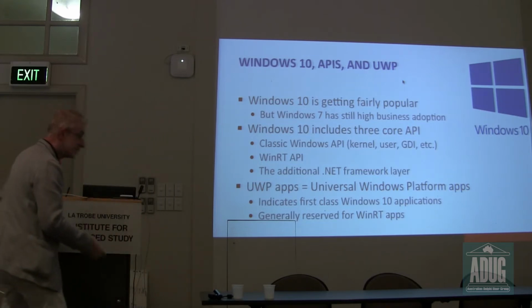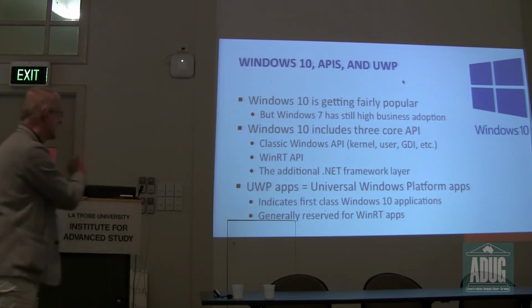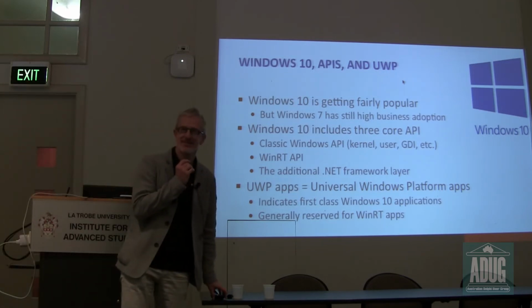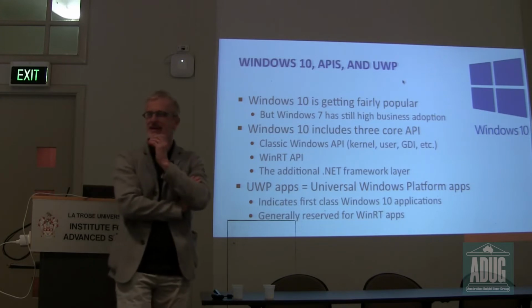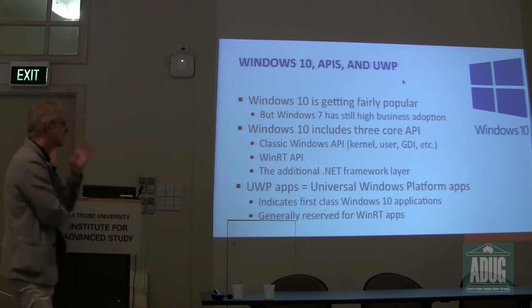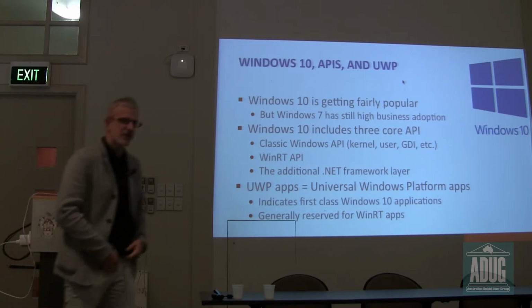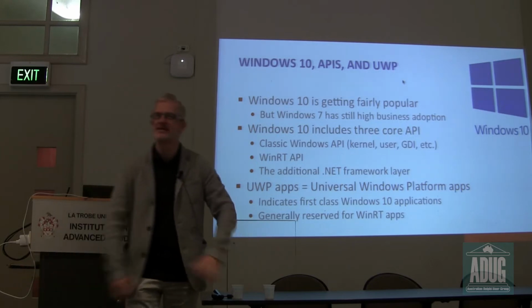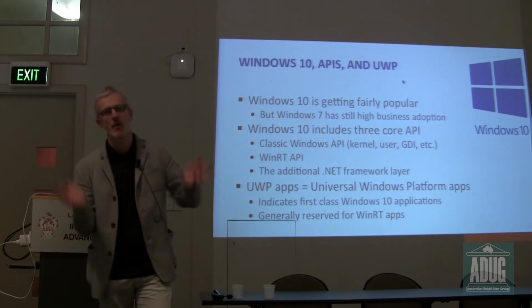So that's not it anyway. So what is the Universal Windows Platform? That's tricky, because Microsoft hasn't got a clear idea. There is a marketing side to it: universal meaning it runs everywhere.